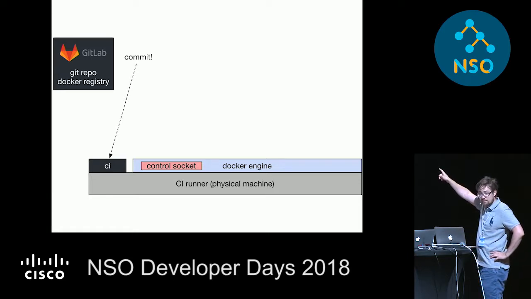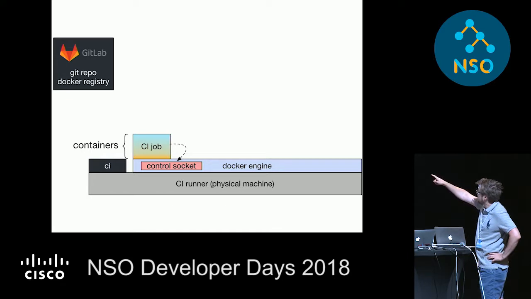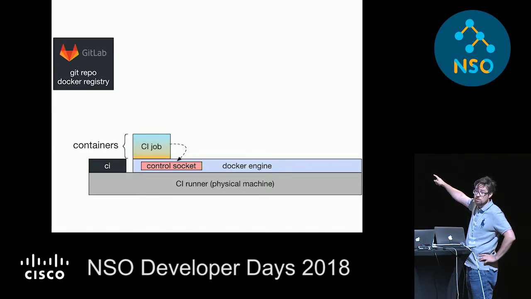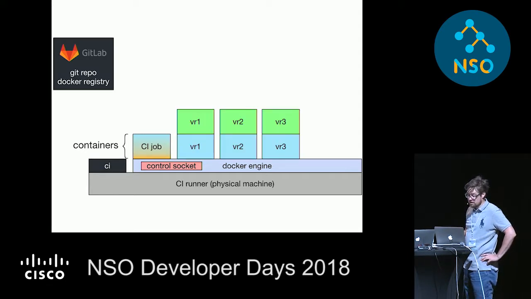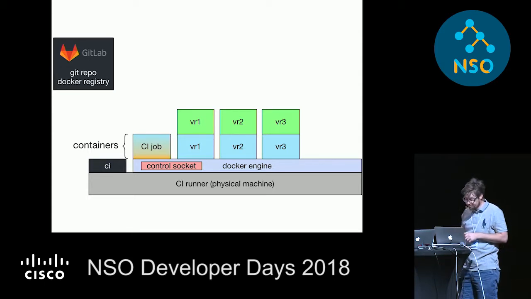So commit, CI will pick this job up. It will then spawn a container which runs the CI job. What we do here is that the container has access to the control socket of the Docker engine. So it, in turn, can start up new containers, sibling containers in this case. And that is how we start up these virtual routers.